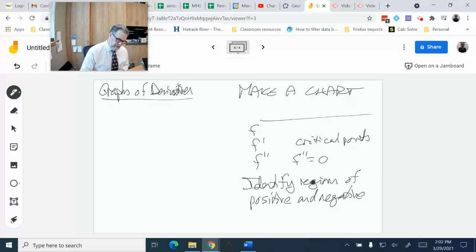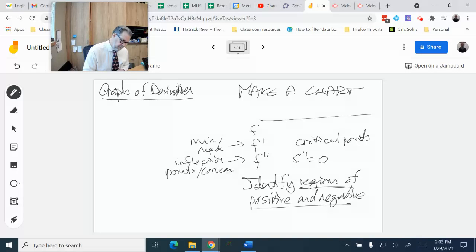So once you've identified your regions of positive and negative, these will tell you where your minima and maxima are. These will tell you where you have inflection points and concavity. This will also tell you where your function is increasing or decreasing.